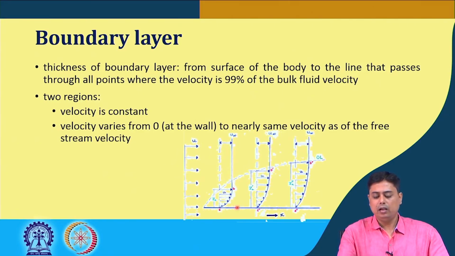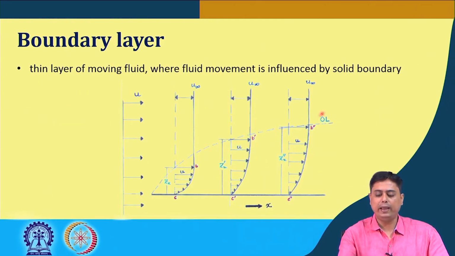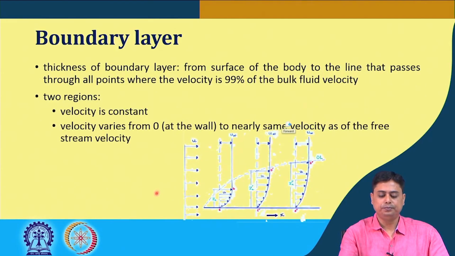Similarly, at another distance from the leading edge, we find that point, but remember these are all imaginary points. When we connect these imaginary points, we get this imaginary line, designated by delta, and here in this picture we can see it in a better view.